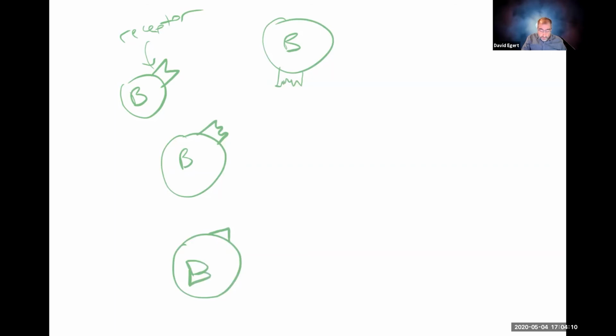So we have receptors that would match something like that, or be the mate to that, or be the mate to that.